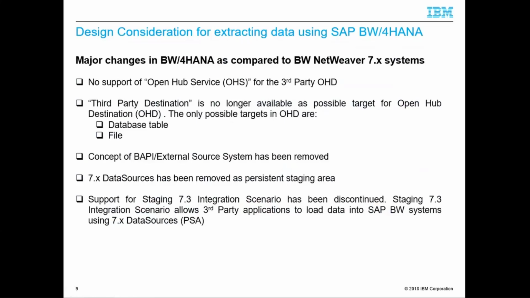This particular scenario actually makes use of 7.x data sources through which we used to load data into SAP BW systems using our BW 7.x load stage. So this is another change impacting SAP BW packs.